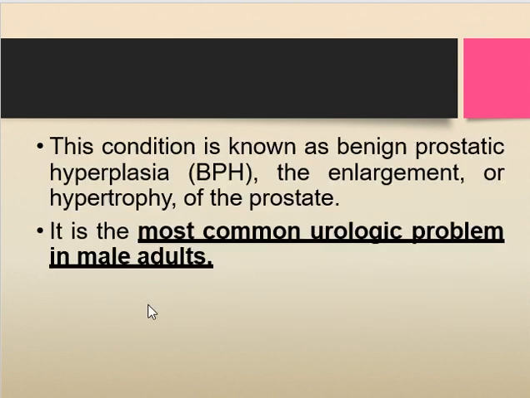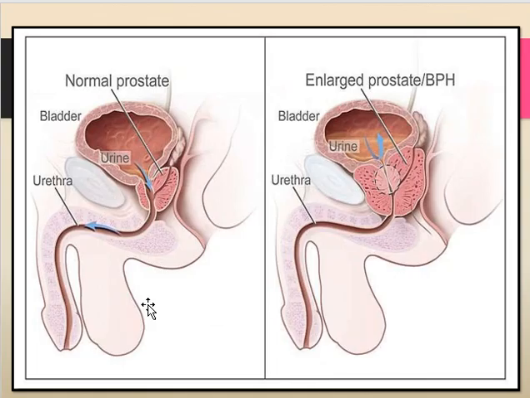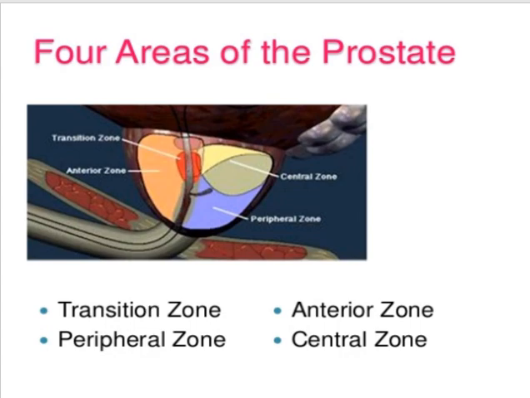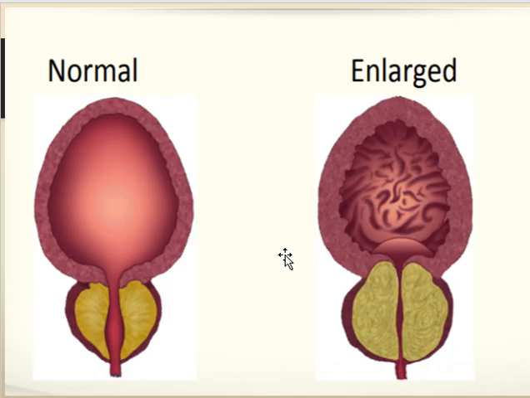Remember, I already told you when we were discussing anatomy and physiology why we discussed these 4 zones. Mainly the hyperplasia occurs in the transitional zone of the prostate gland, which is very near to the urethral orifice or the urethra.